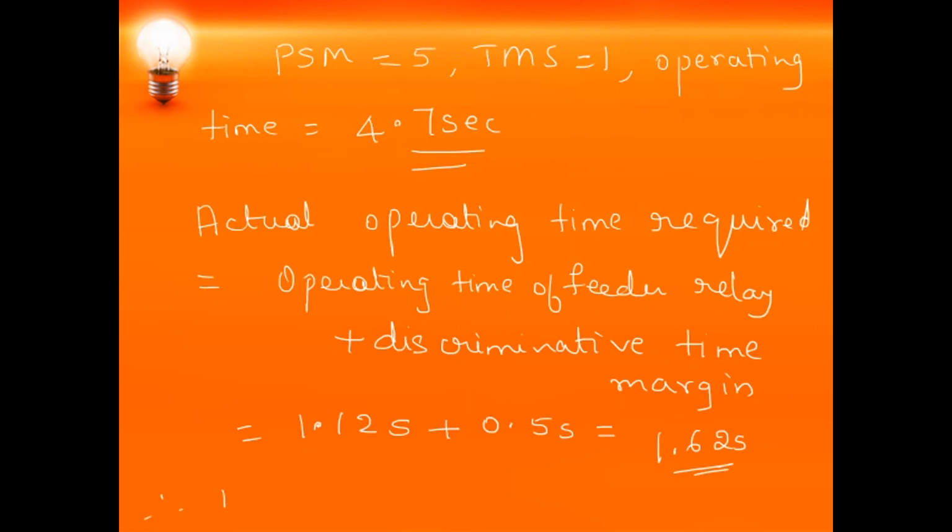Therefore, the time multiplier setting is 1.62 divided by 4.7, which is 0.345. So the TMS required for the transformer end is 0.345. In the next session, we will see a few more numericals on overcurrent protection.